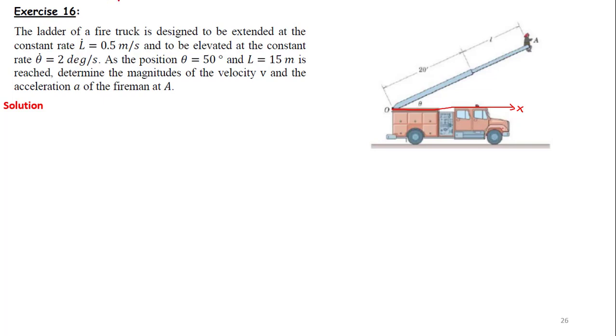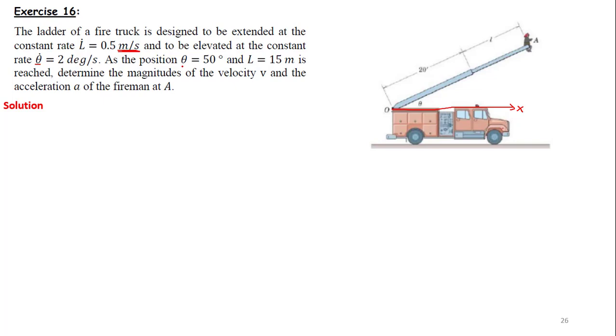The rate of change of L is L dot, equal to 0.5 meter per second. This means that we have a certain speed, and the constant rate of rotation is theta dot equal 2 degrees per second. Here we also have a certain speed, but this is the angular speed.